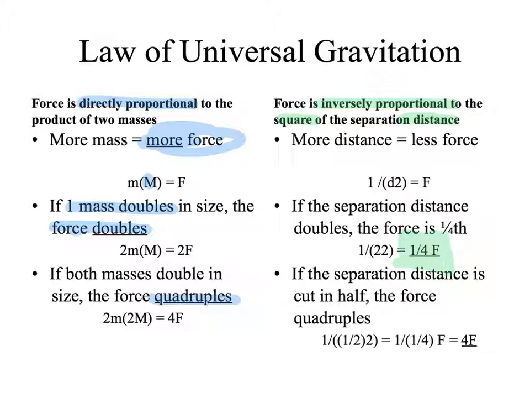It's going to be a fraction. It's going to be a fourth of what it originally was. And if that distance is cut in half, meaning it gets shorter, then my force between those two objects is going to increase. Remember, we're inversely related. So as the distance decreases, my force is definitely going to increase.